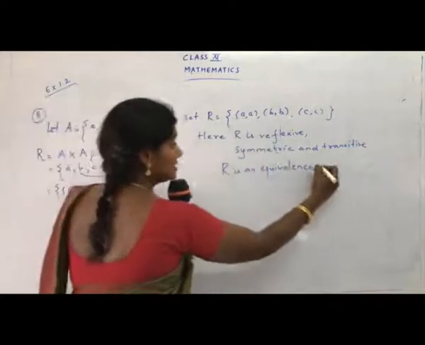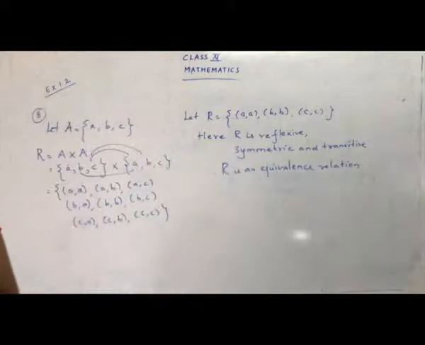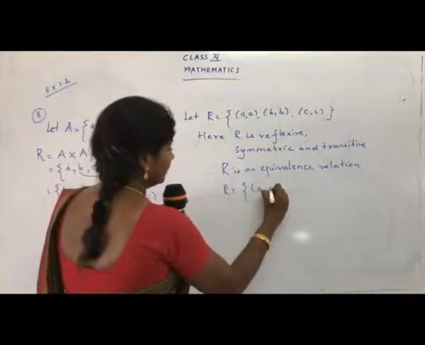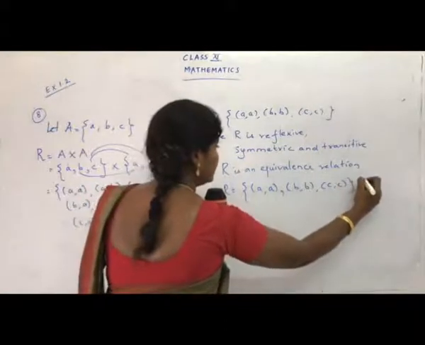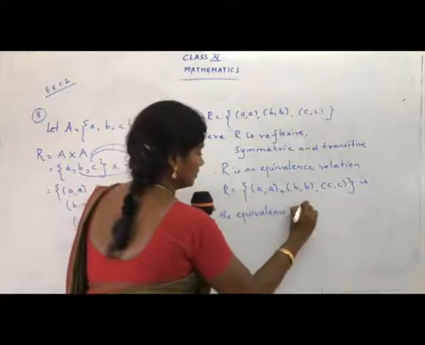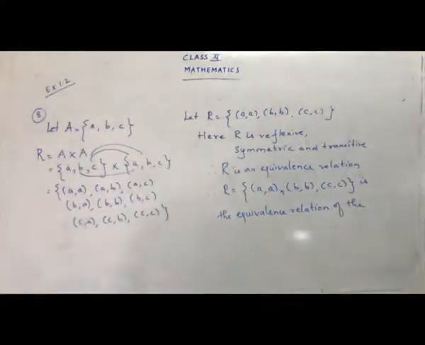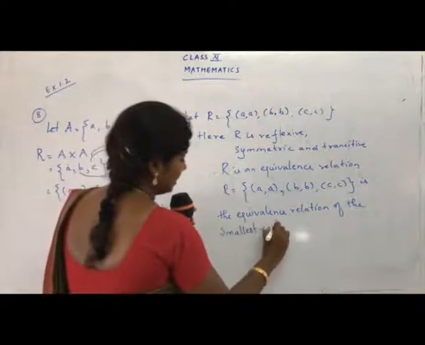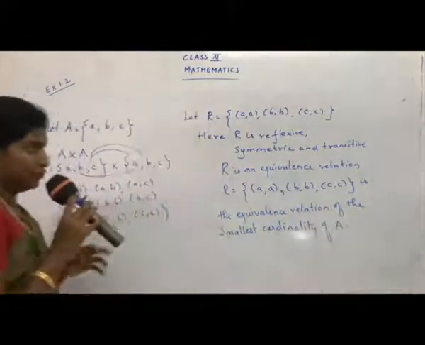Therefore, R is equal to {AA, BB, CC} is the equivalence relation of the smallest cardinality on A. I hope the first part is clear to you children, yeah?